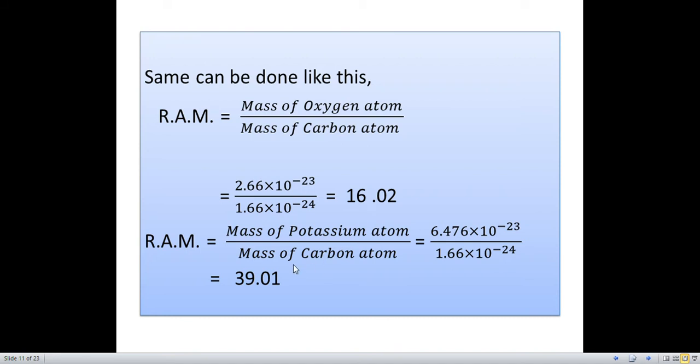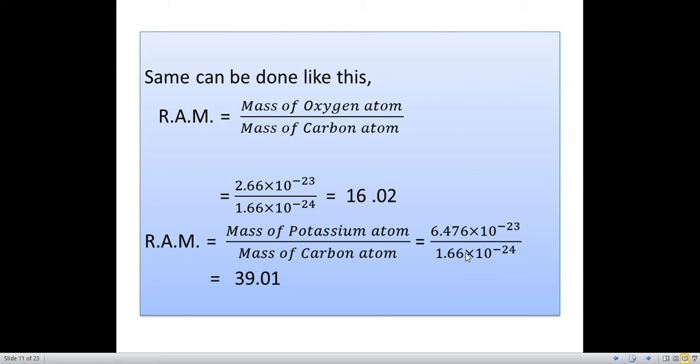The second example, mass of a potassium atom is 6.476 × 10^-23. Mass of a carbon atom is 1.66 × 10^-24, the atomic mass unit. So for the answer here, there are two decimal places, so it becomes 166.